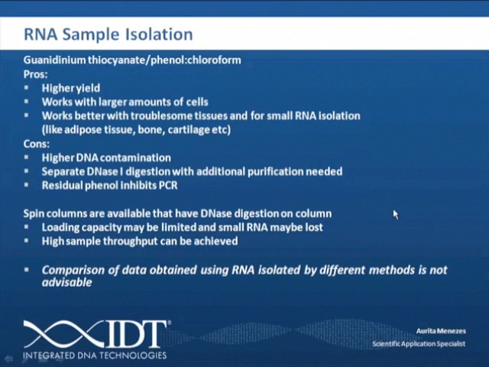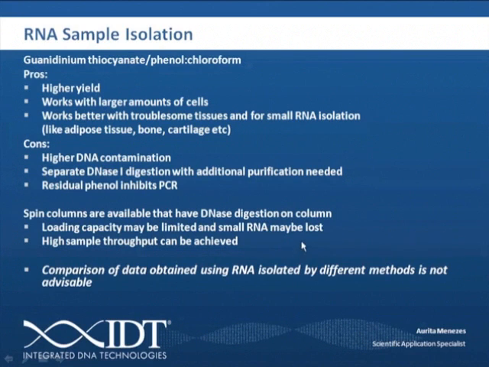In terms of RNA sample isolation, the traditional guanidine isothiocyanate phenol-chloroform is very popular, especially for troublesome tissues and small RNA isolation, but you have to do a separate DNase digestion with that. The alternative is spin columns that have on-column DNase digestion, and this is good for high throughput situations.